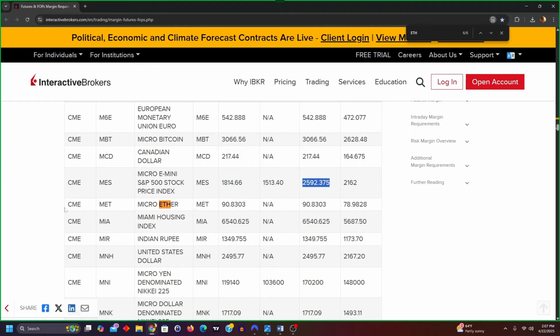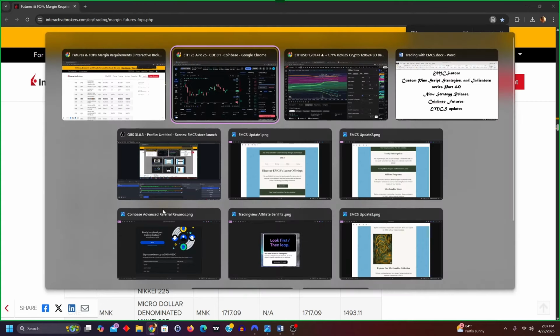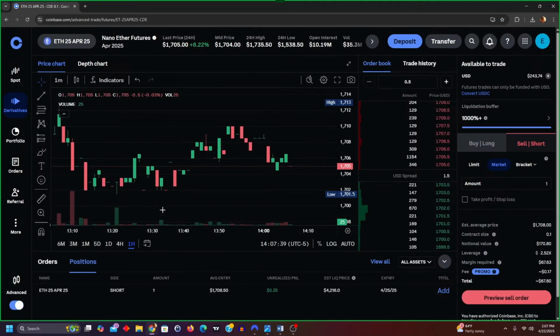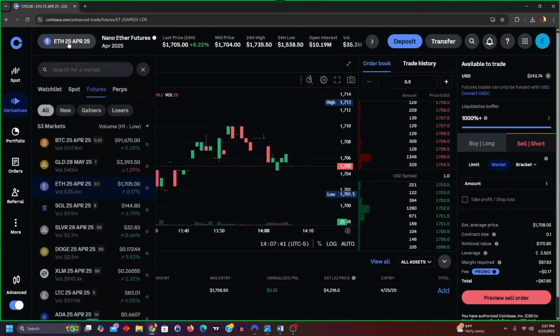So the barrier for entry into futures trading is a lot lower with these micro crypto contracts, and Coinbase offers a whole host of them. Ethereum happens to be one of the cheapest, so that's why we're showcasing that, because it's a much lower barrier for entry.